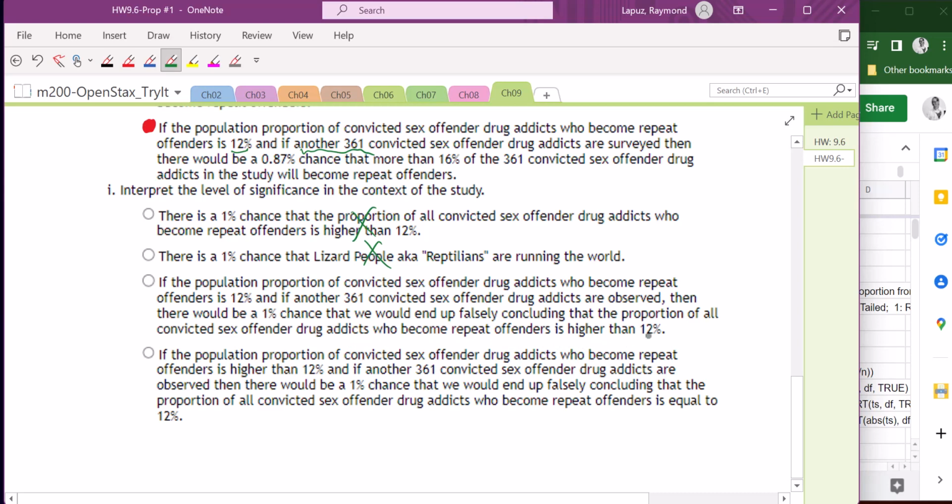So I think that's it. This is essentially the type 1 error statement that does match up with the significance level. So this is the correct choice.